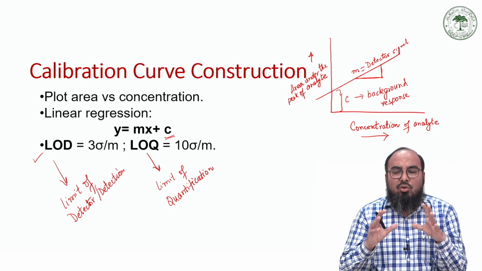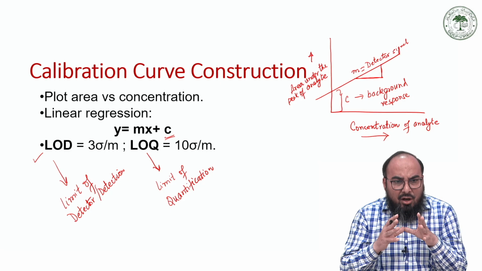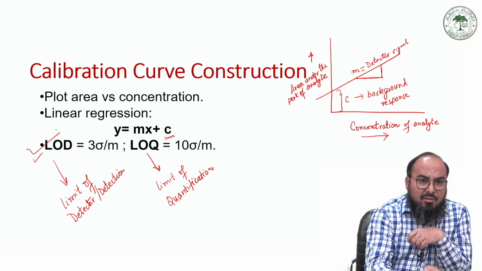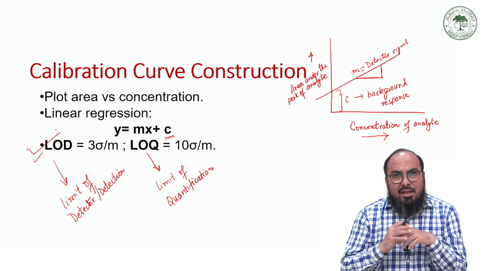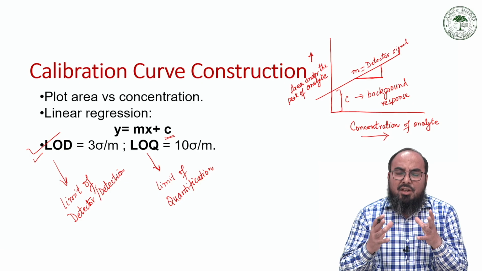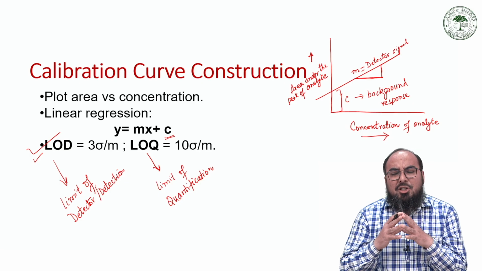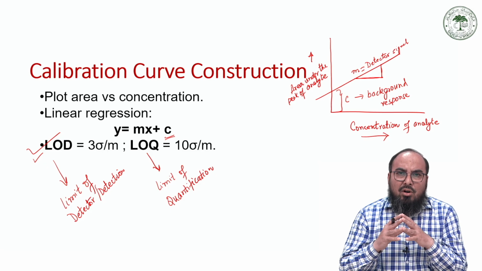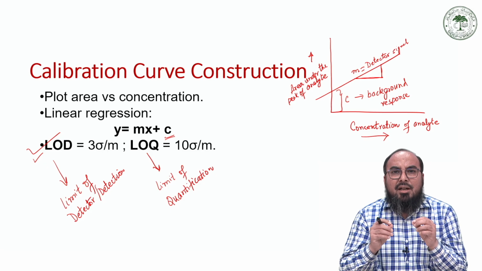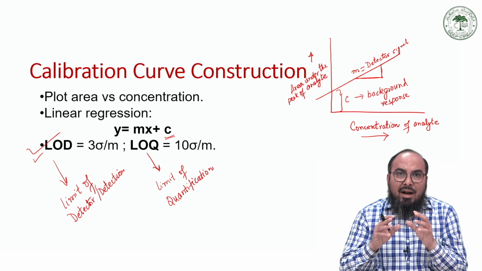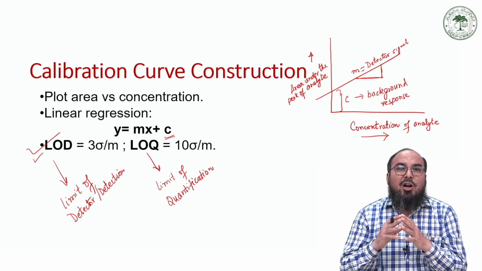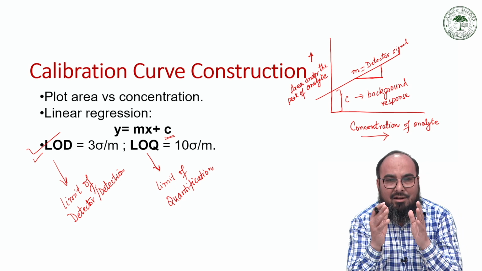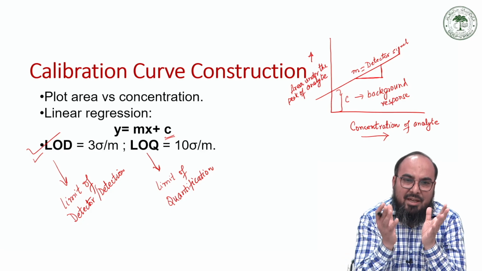Now there are two quantities, the limit of detection, that is LOD, and the limit of quantification. Limit of detection in simple words may be defined as that quantity which your detector can measure, but that quantity cannot be transformed into a signal, cannot be transformed into a peak.